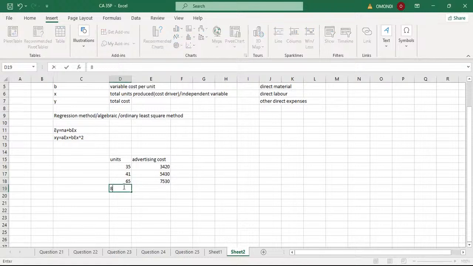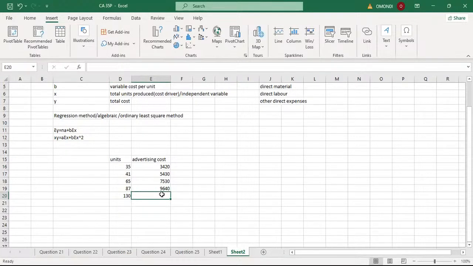When I have 87, we are going to have 9,640. When I have 130, those are now some of the outliers, we are going to have 9,870.